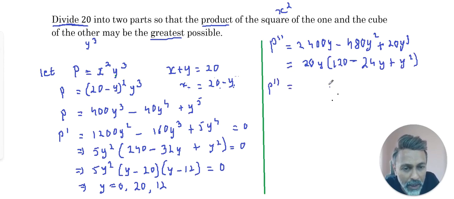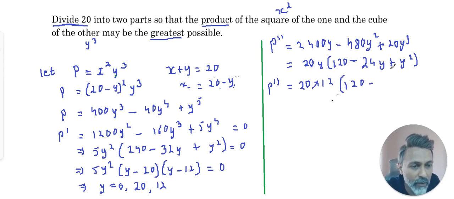So p double dash at 12 would be equal to 20 into 12 into 120 minus 24 into 12 will be 288, plus 12 square is 144.